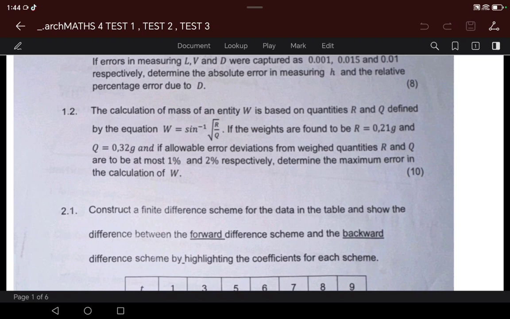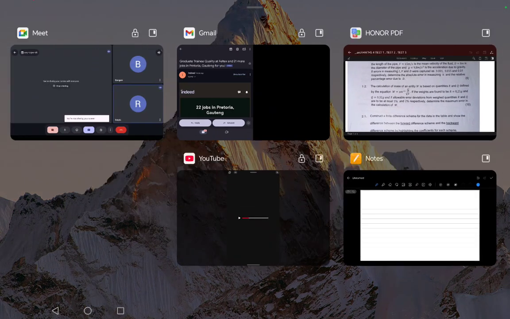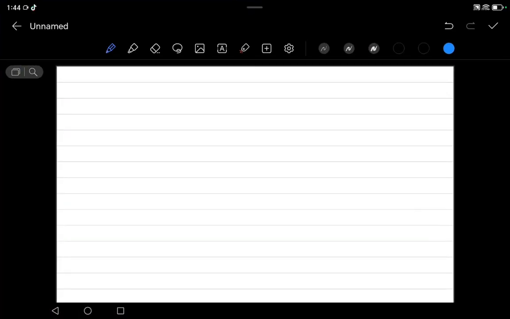So you see here the absolute errors are given in percentage, 1% and 2% respectively. And then they want us to determine the maximum error in the calculation of W. Okay, so this is how we're going to solve it.